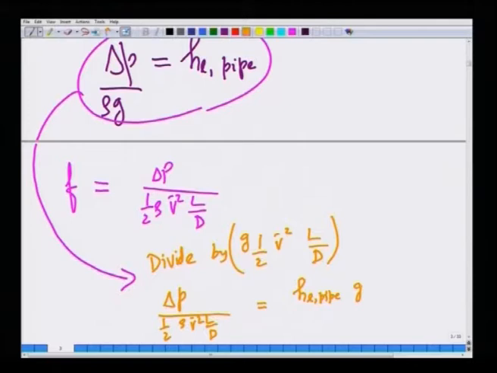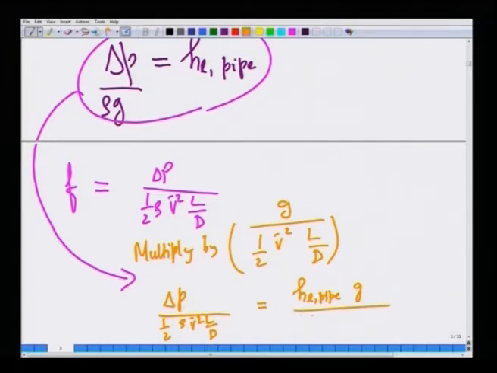So, I am sorry. I have to divide by g, or multiply this entire equation by g divided by half V squared L by D, so that I get the friction factor on the left side of this equation.